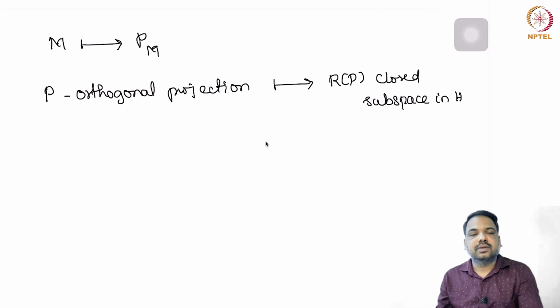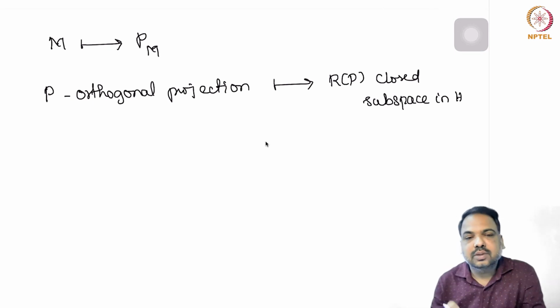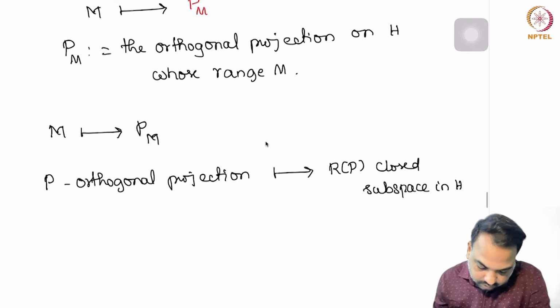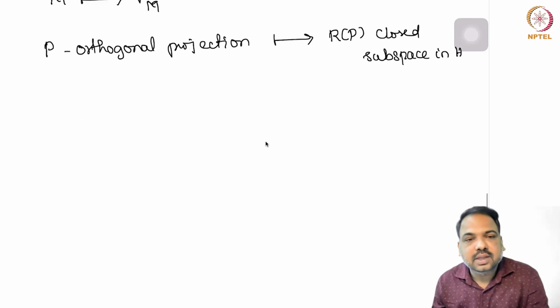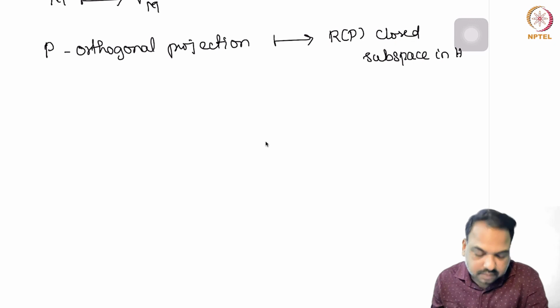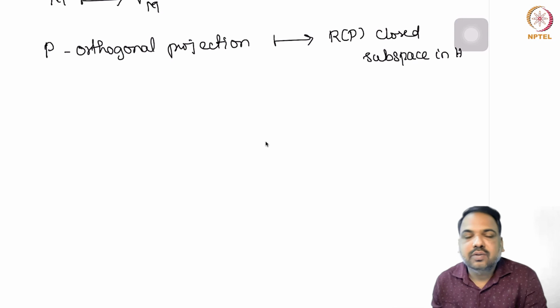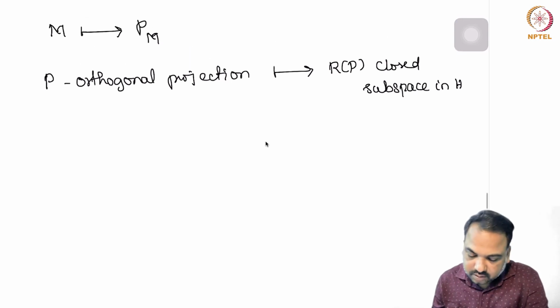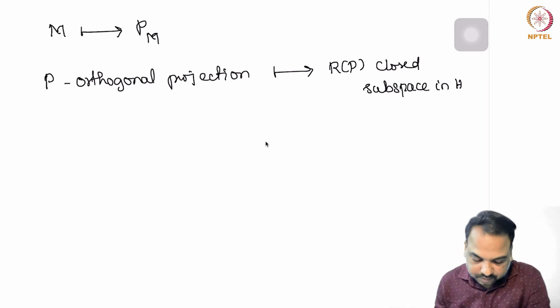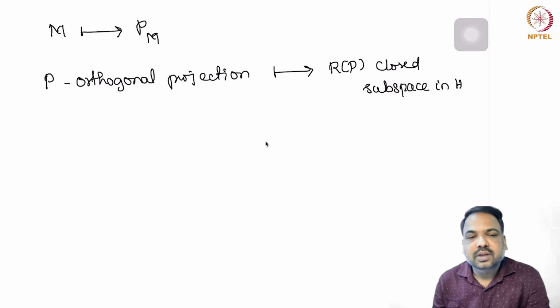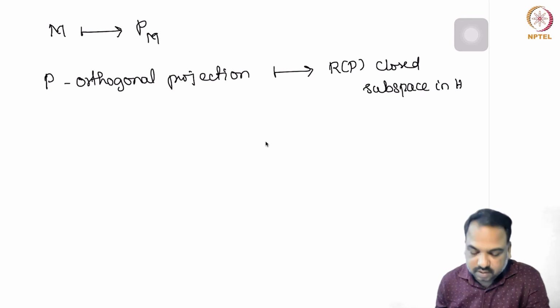That means we are associating a closed subspace with a projection and a projection with a closed subspace. So because of this correspondence, we can actually study closed subspaces using operators and vice versa. For example, using the convergence of operators, we can actually define convergence of subspaces. We can try to define the distance between two subspaces also.